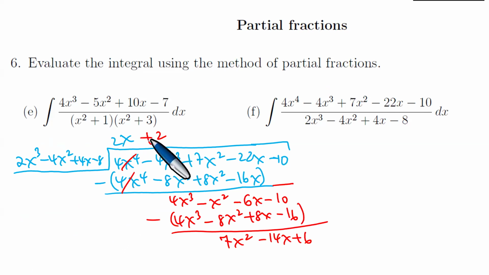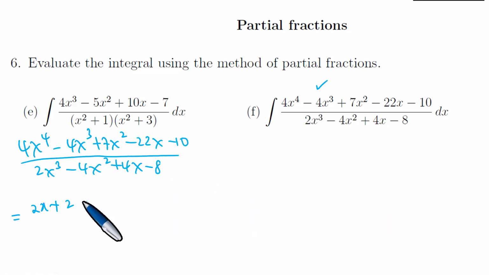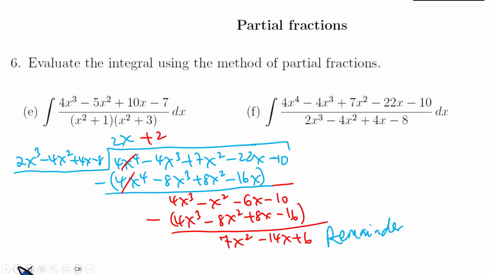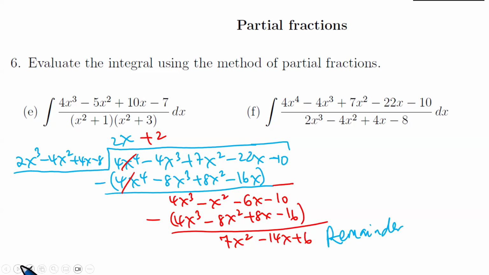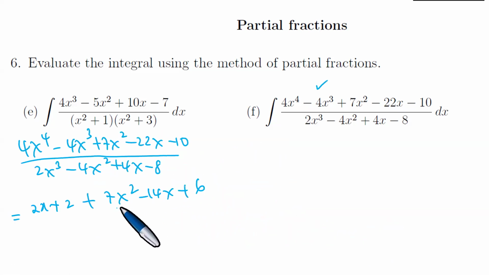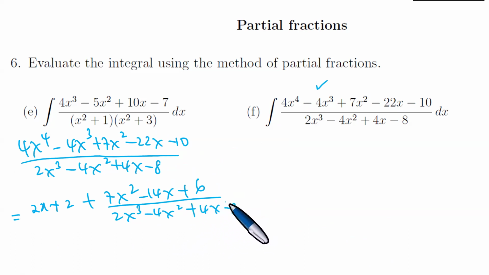If you divide, you get the quotient and then the remainder. So this one is the remainder: 7x squared minus 14x plus 6 divided by 2x cubed minus 4x squared plus 4x minus 8.